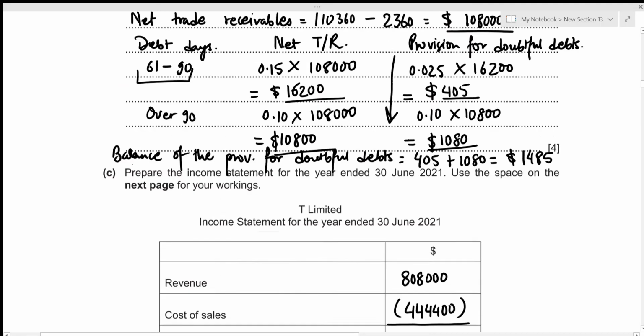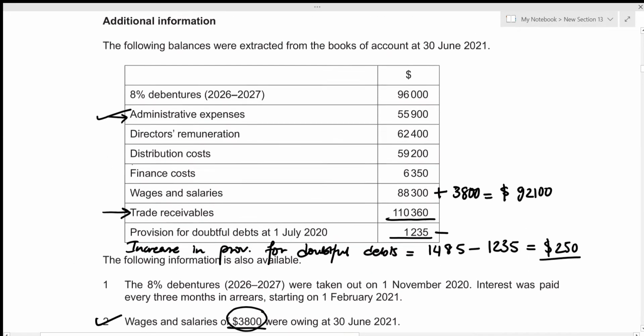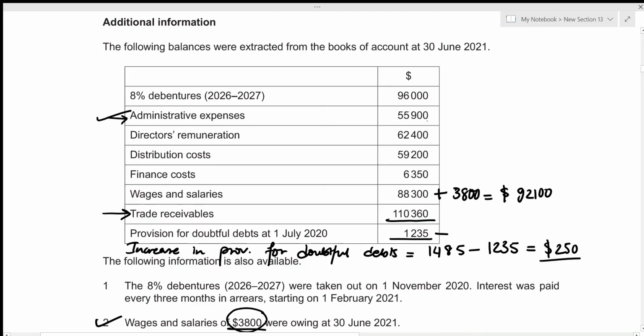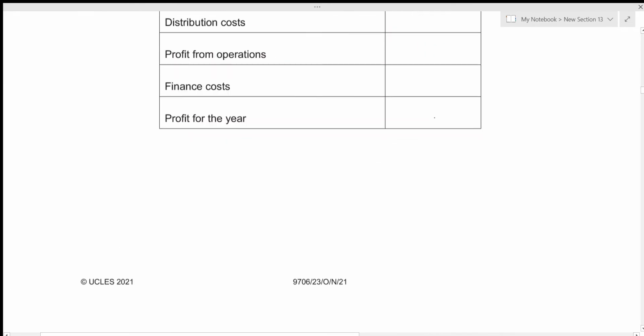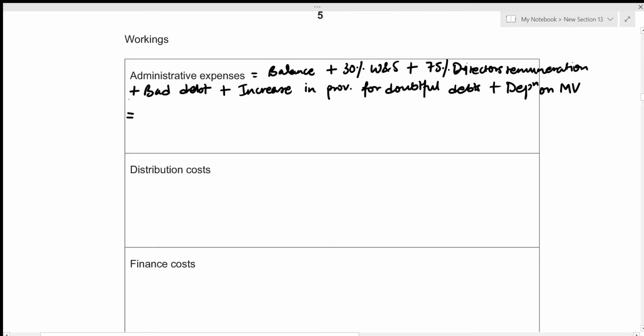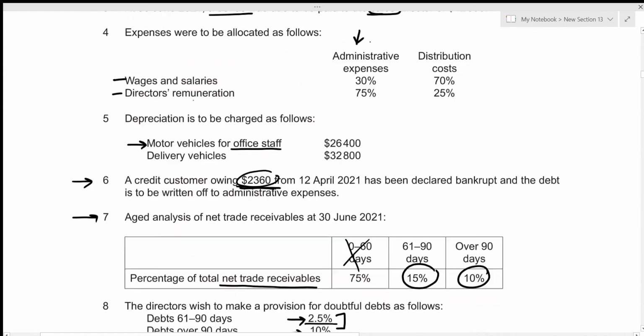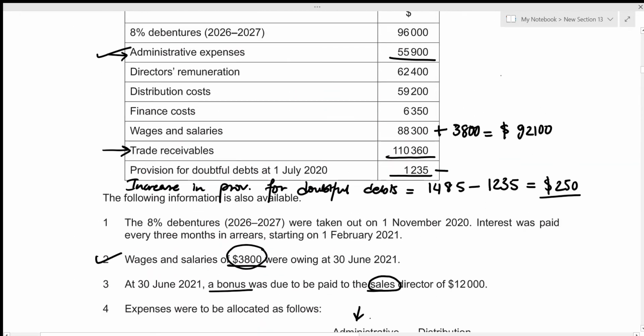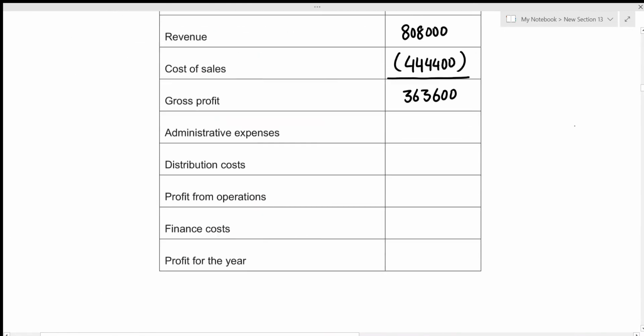So let's have a look at the table in order to find the balance amount, which is 55,900. Let's write it down. Then we have 30% of wages and salaries. So wages and salaries, we adjusted the outstanding amount and figured it out to be 92,100. Let's write that down as well.